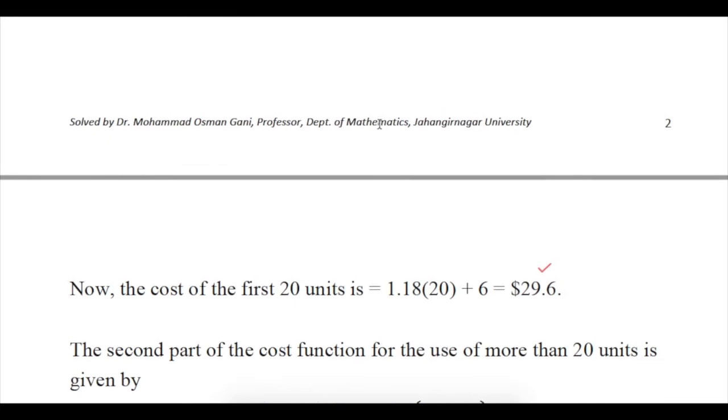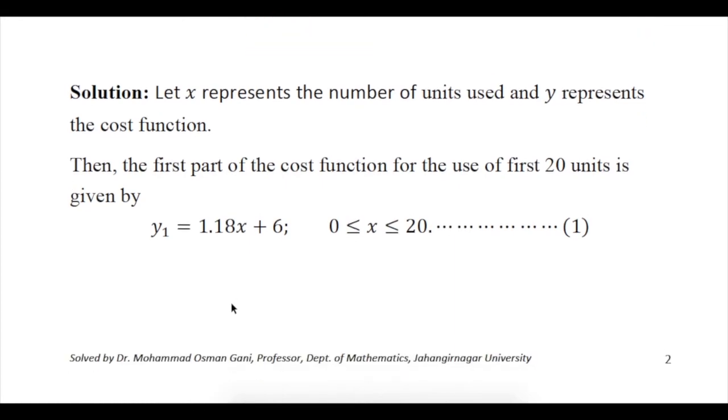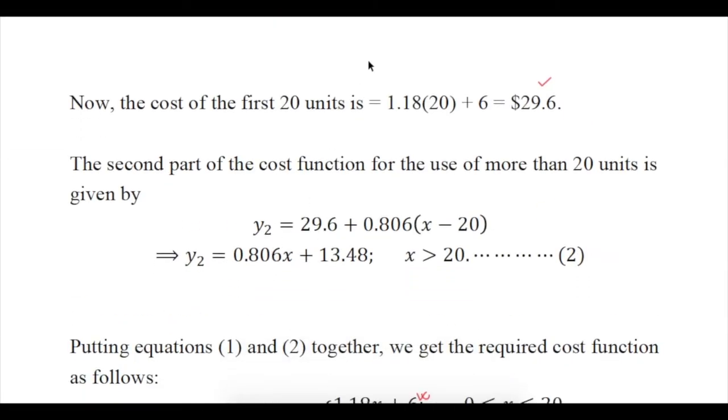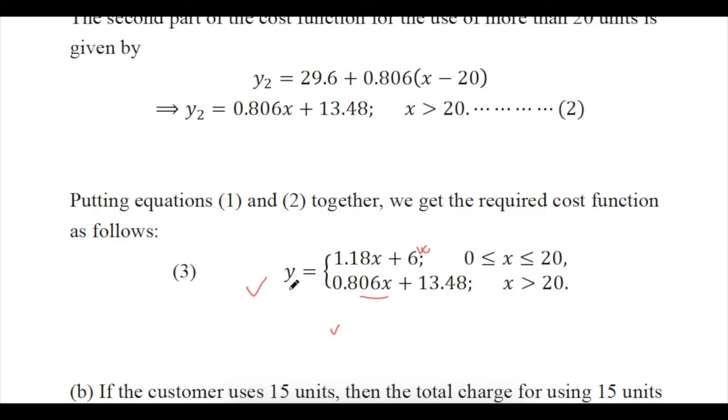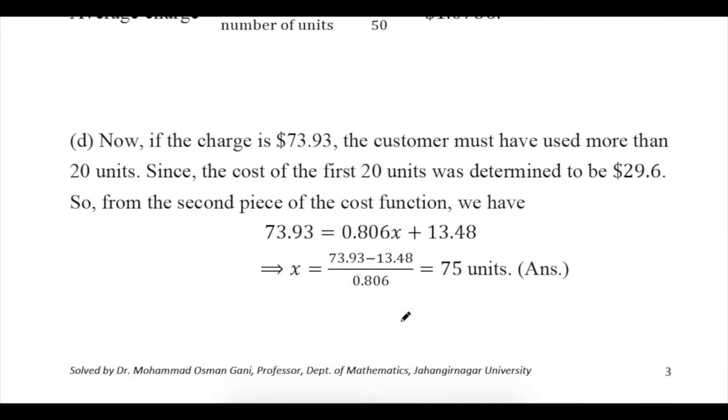Therefore you must put this charge 73.93 in the second function, y equal 0.806x plus 13.48. So that will give us 75 units.